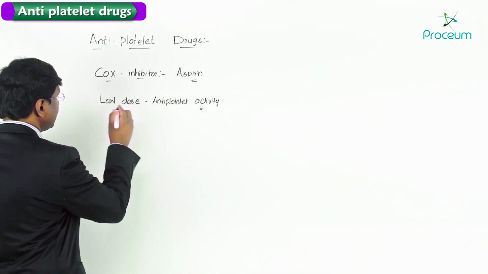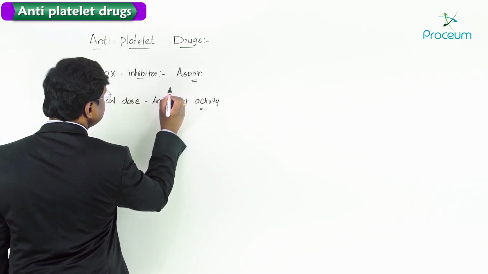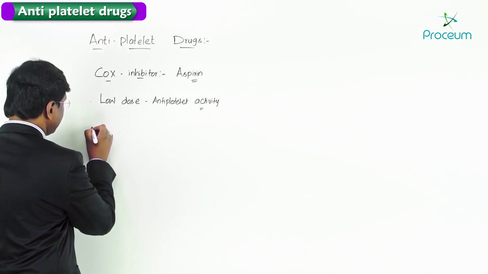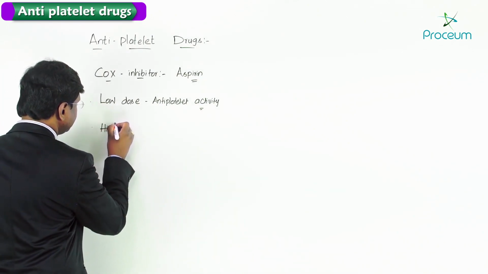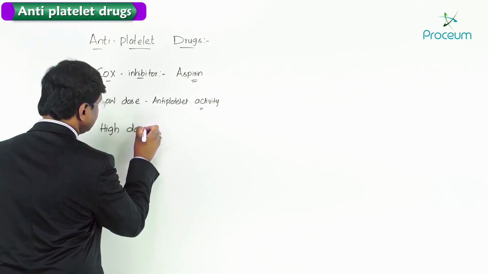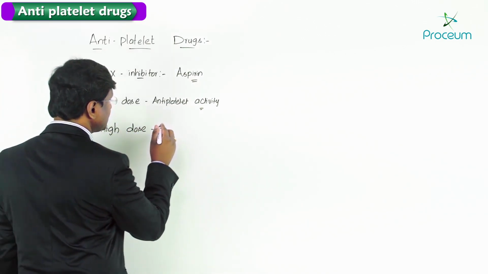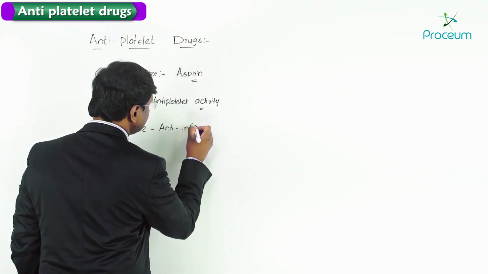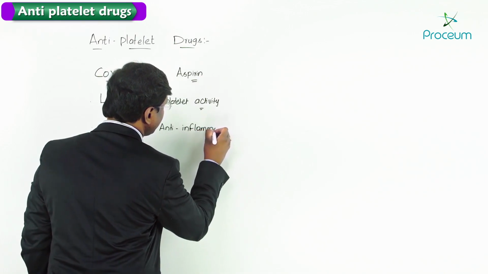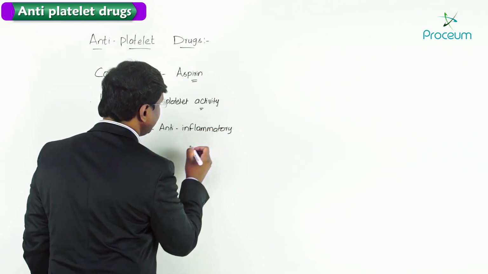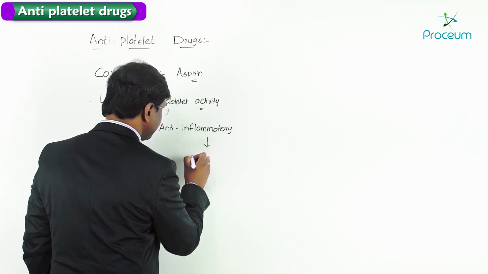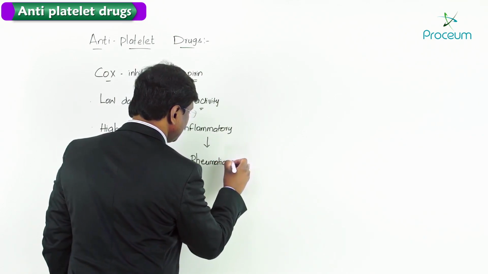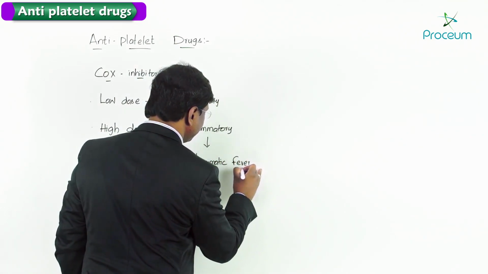Now again remember, aspirin does not have only the antiplatelet activity. When aspirin is given in high dose, it has the anti-inflammatory activity. This anti-inflammatory property is used in the treatment of rheumatic fever.